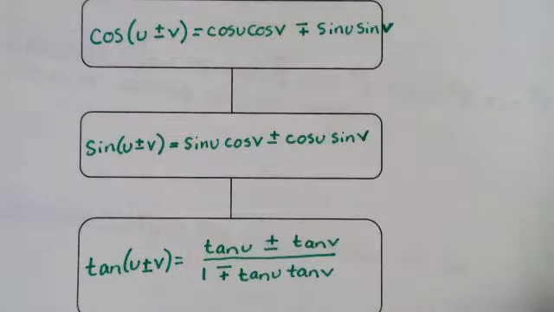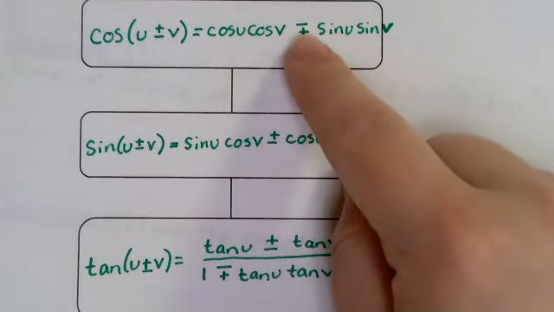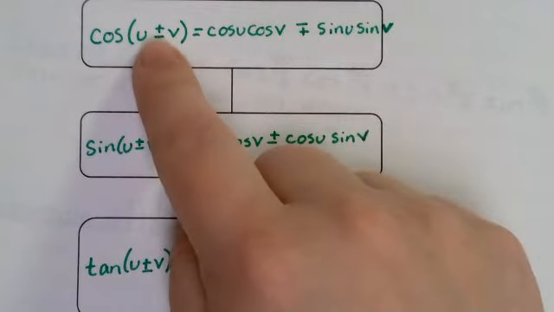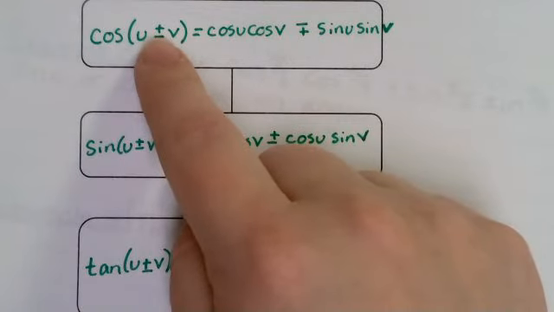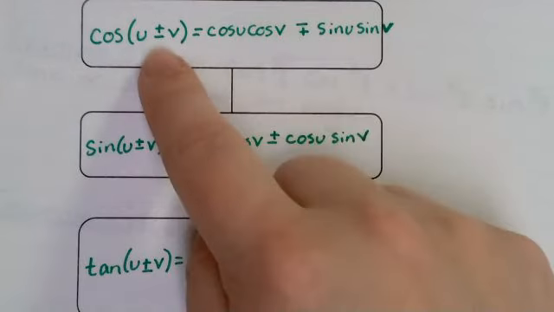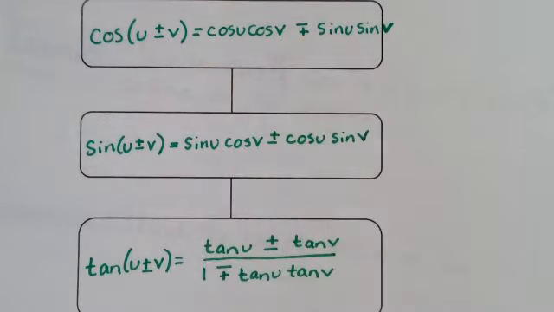And when you evaluate this type of thing, if it's a sum, then you see how the minus and the plus are kind of switched. It's because if you're working with a sum in a cosine, then these values will be subtracted in the equation. If you're doing a difference, then the values are going to be added. I know that sounds opposite of what it should be, but it is the way that the cosine one works.